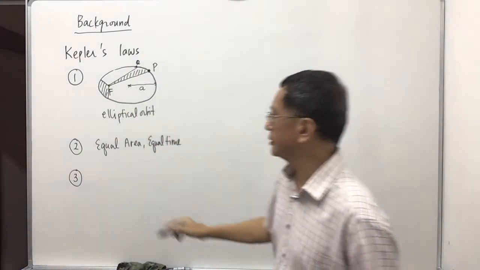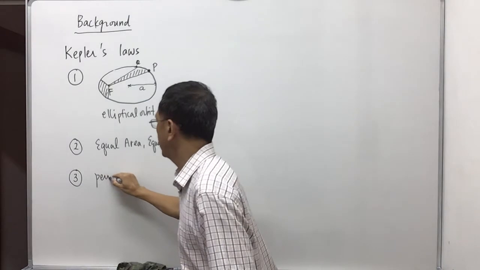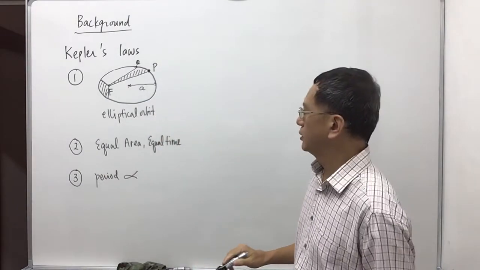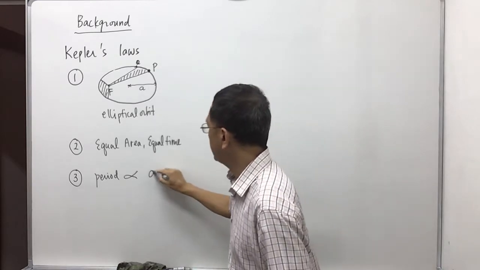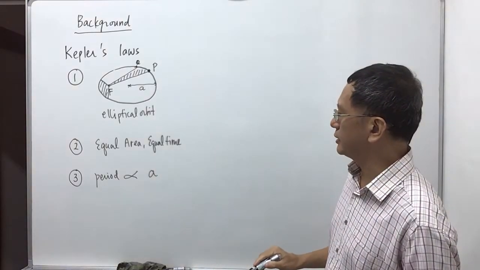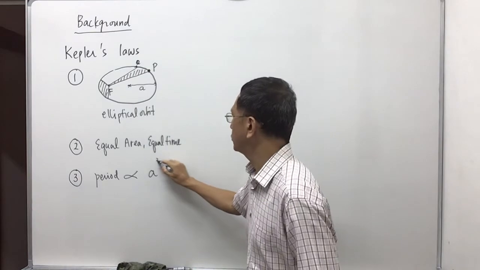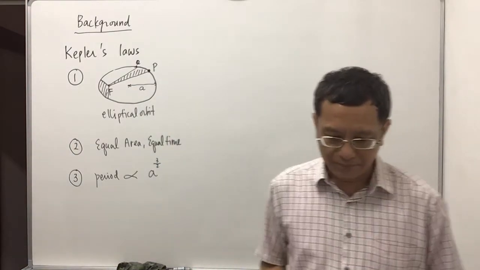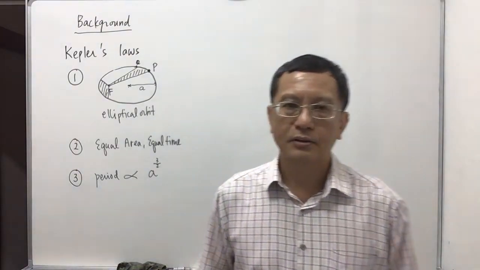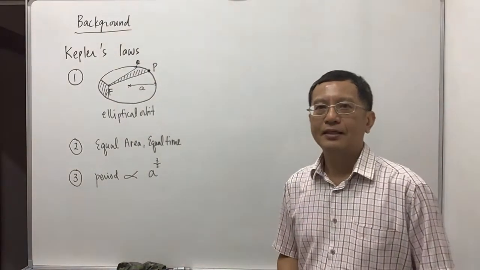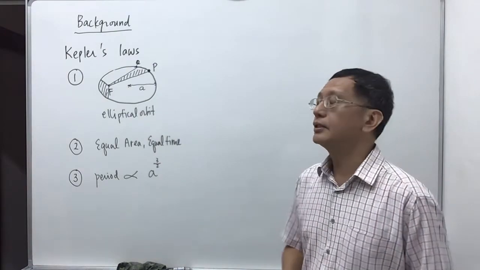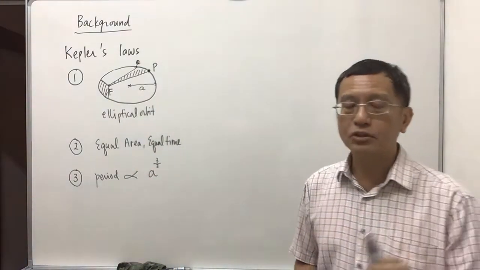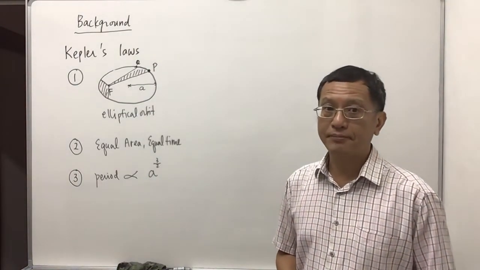Now the period of the orbit is proportional to the semi-major axis length raised to the power of 3/2. So these are the three laws of Kepler. And of course, Newton made use of his own law together with these three laws of Kepler to discover the inverse square law.